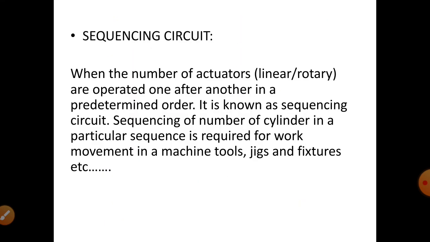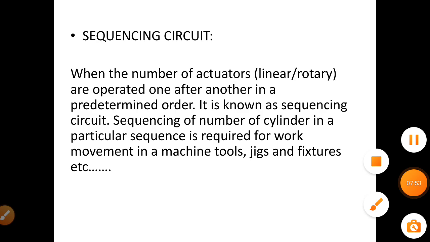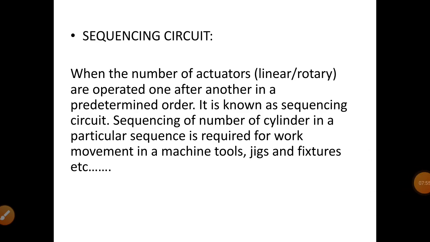Next one is a sequencing circuit. In a sequencing circuit, a number of linear actuators are operated one after another in a predetermined order.